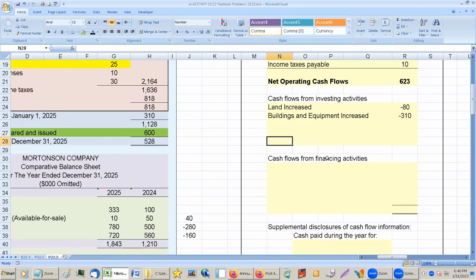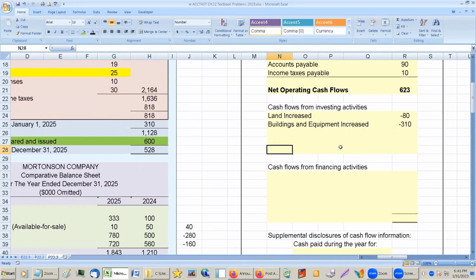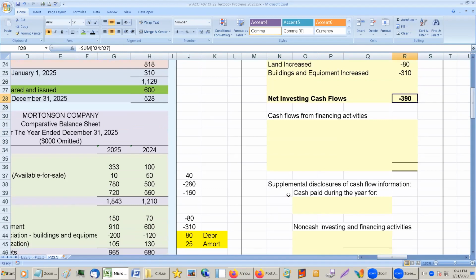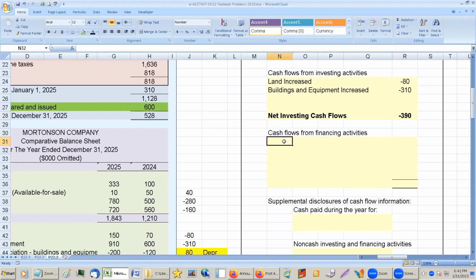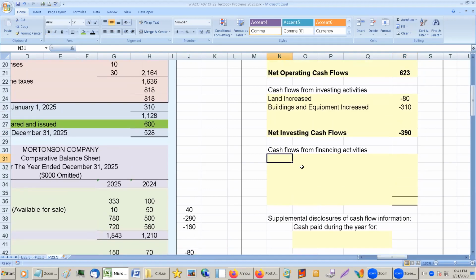All right. So let's see. So this will be net investing. I'm just going to put net, you have to put this in.